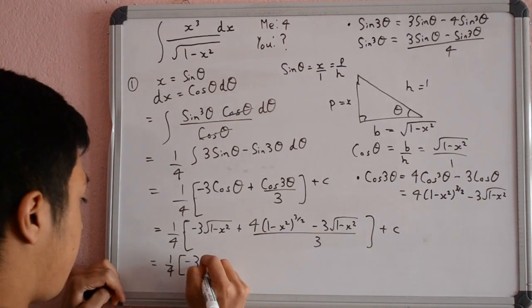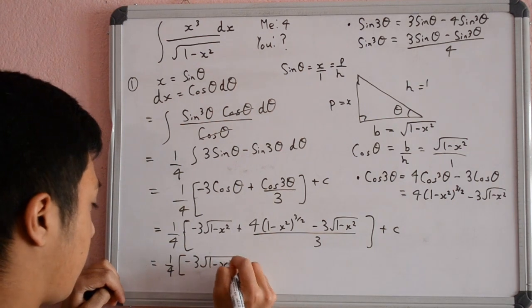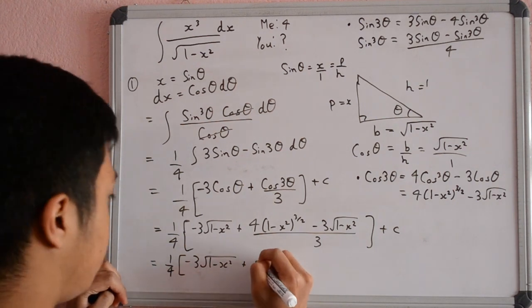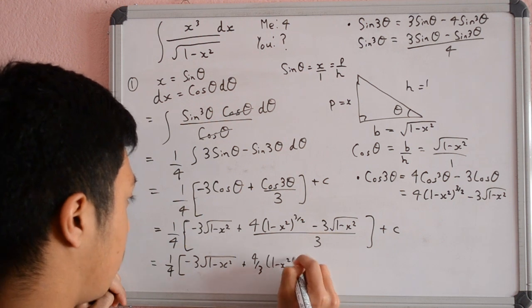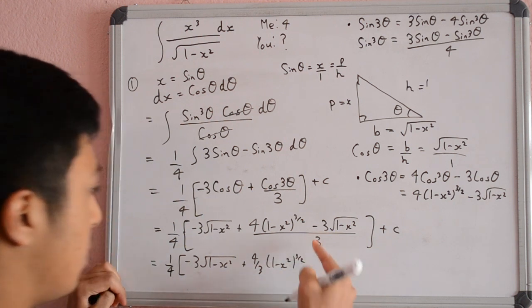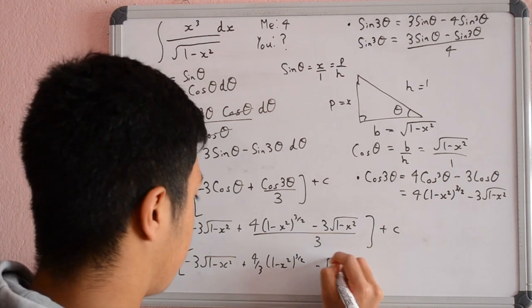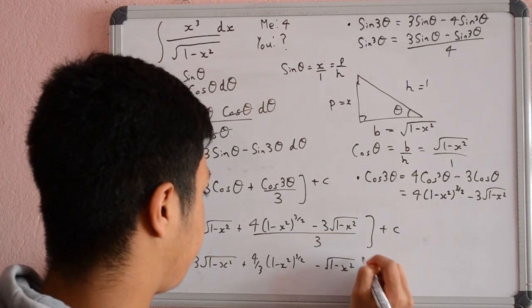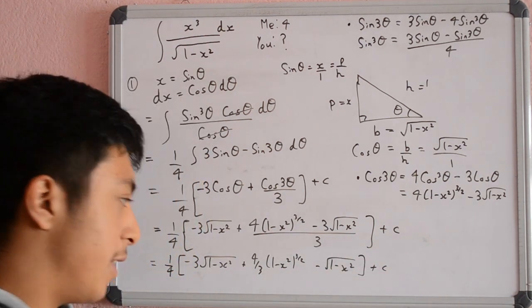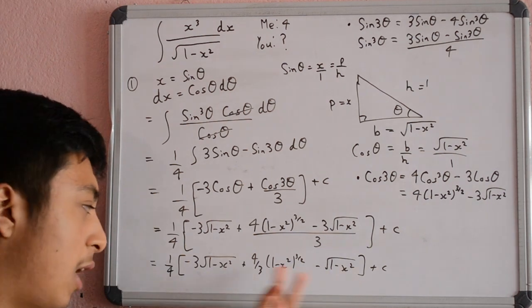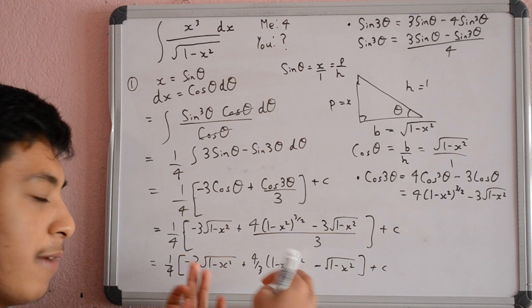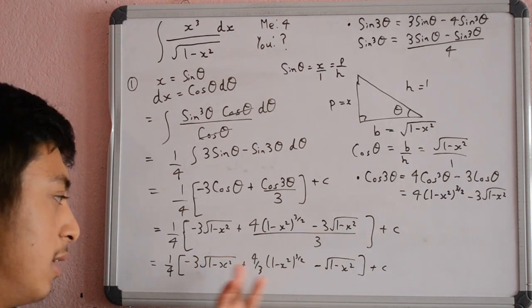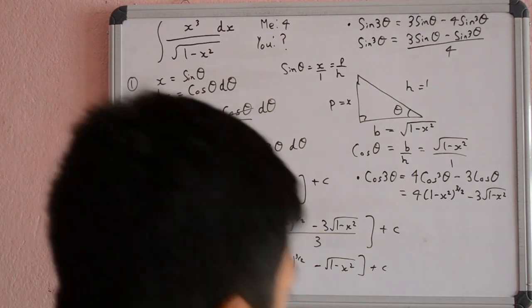So this will still be minus 3 root 1 minus x square plus 4 by 3 times 1 minus x square to the power 3 by 2, and 3 cancels, giving us this. And here you can see these two are the same, so they can just add up because they both have a minus sign, so they become minus 4 root 1 minus x square.